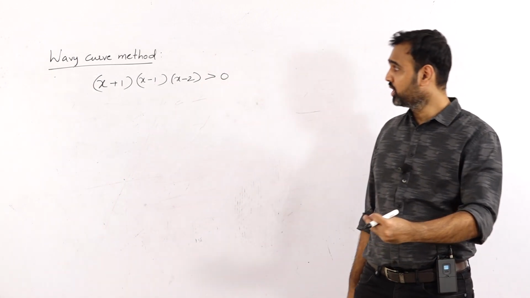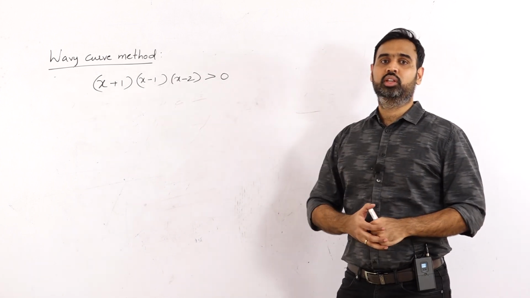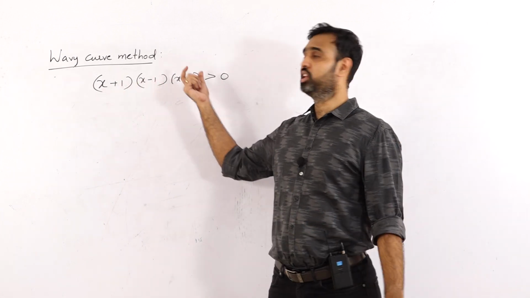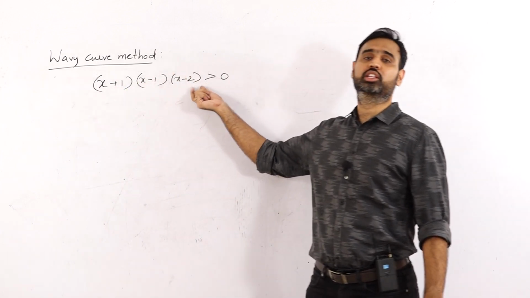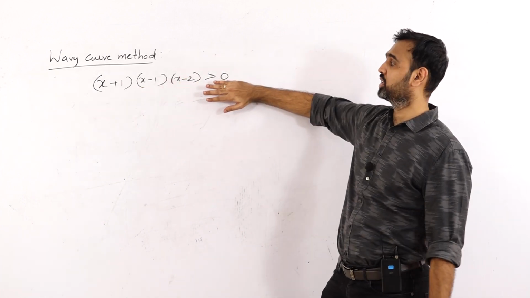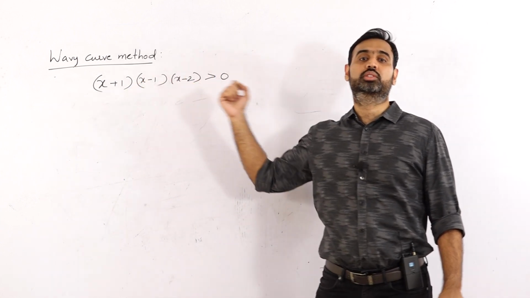So I have to find the values of x which satisfy this inequality. We have three linear factors here: x plus 1, x minus 1, x minus 2. So (x plus 1)(x minus 1)(x minus 2) should be greater than 0. For what values of x does this inequation hold true?